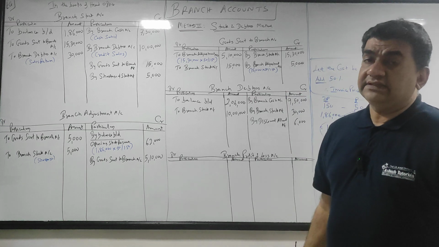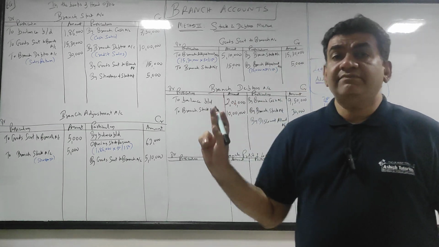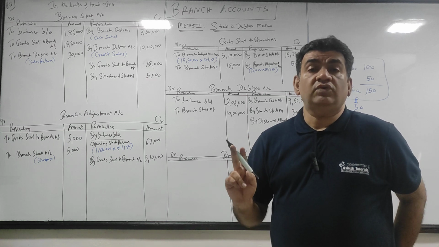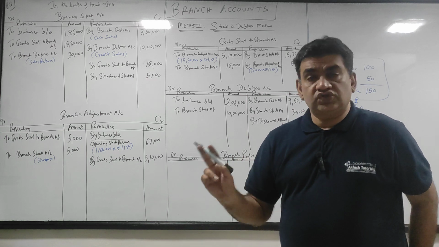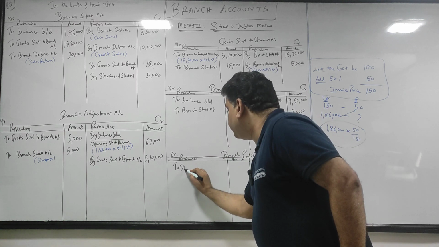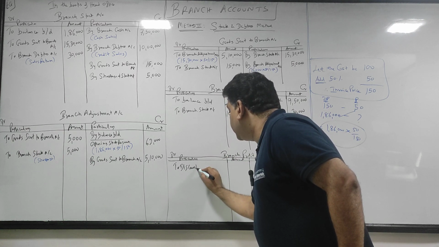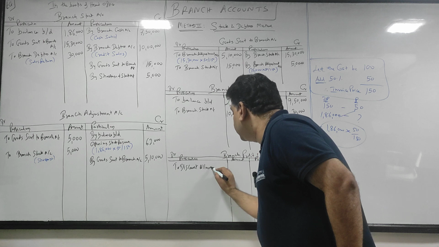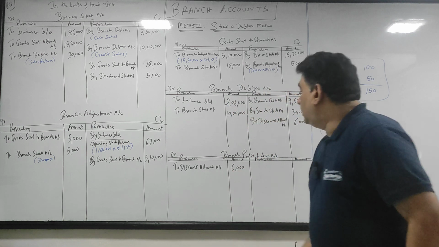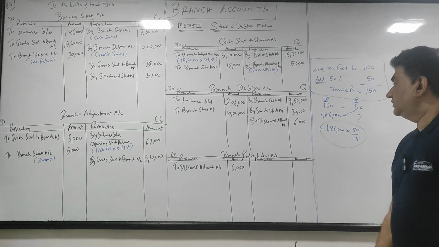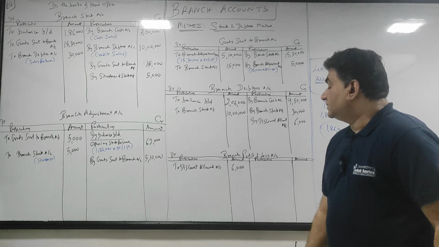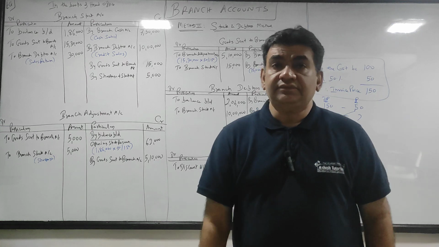Now guys listen, we are preparing branch P&L. End of the day all expenses and income go to branch P&L. So इसका second effect, branch P&L में you would write to discount allowed account that is 6,000.